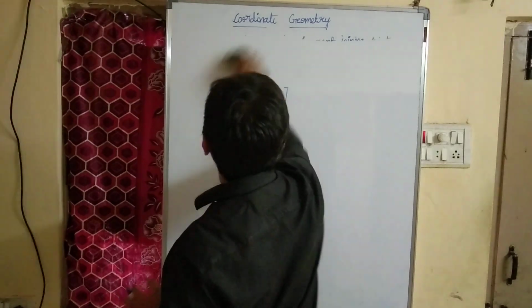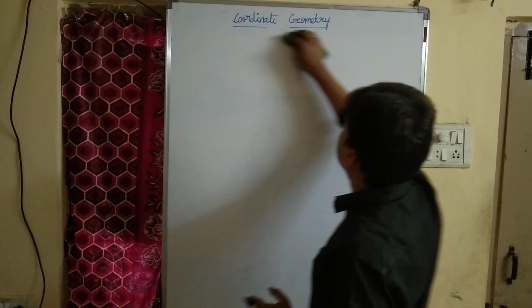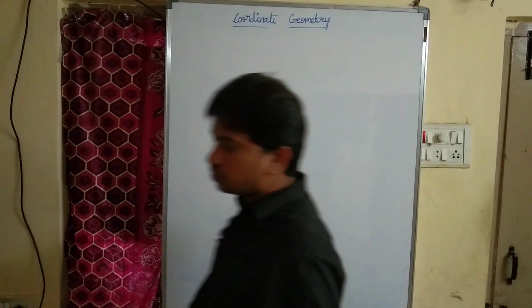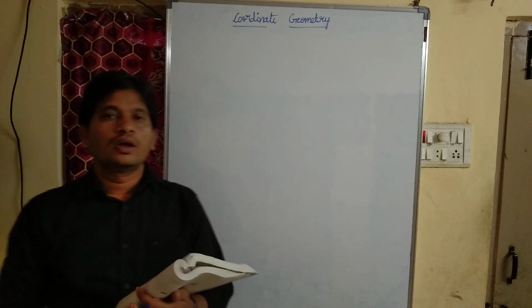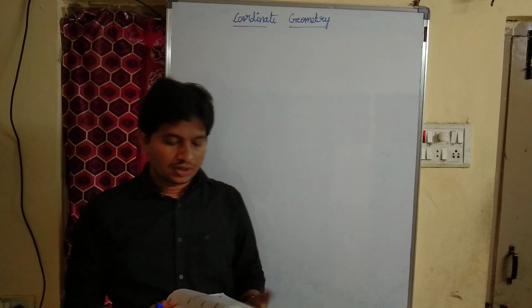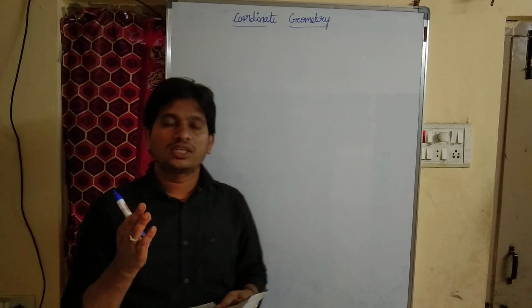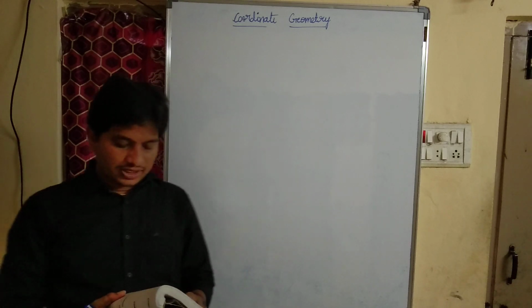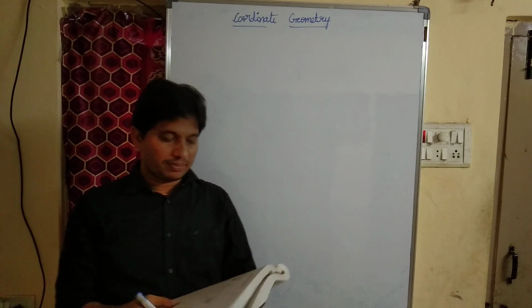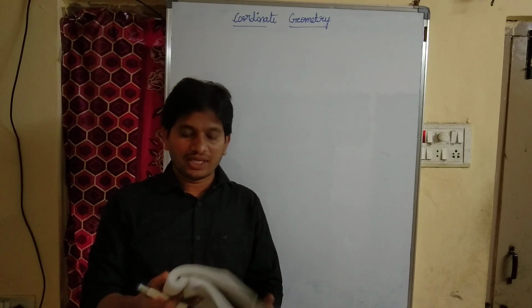Okay, as we have discussed the three formulas: distance between 2 points formula, root over x2 minus x1 whole square plus y2 minus y1 whole square, and midpoint formula x1 plus x2 by 2 comma y1 plus y2 by 2, and the third formula centroid. What is the formula for centroid? x1 plus x2 plus x3 by 3 comma y1 plus y2 plus y3 by 3.